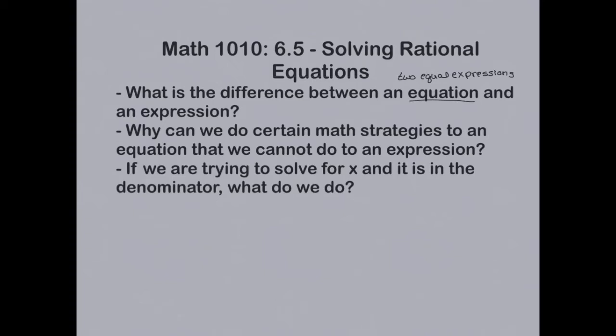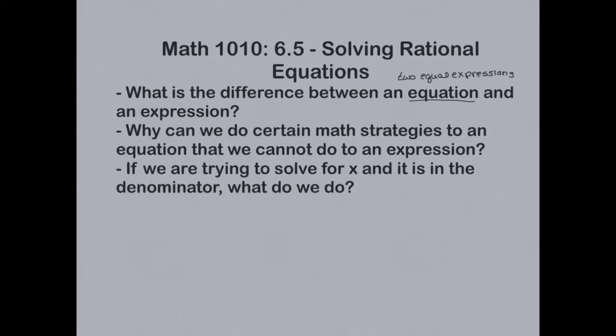Why can we do certain math strategies to an equation that we cannot do to an expression? It is because of the equal. With an expression, really all we can do is multiply a term by the value of 1, or something that equals 1, and combine like terms and factor. And that's basically all we can do.